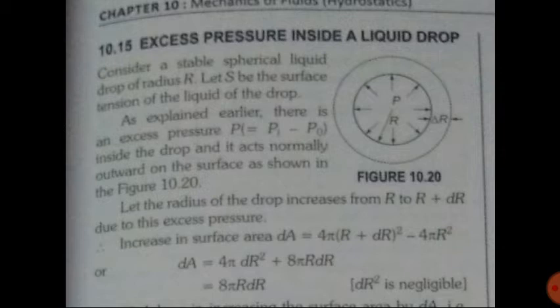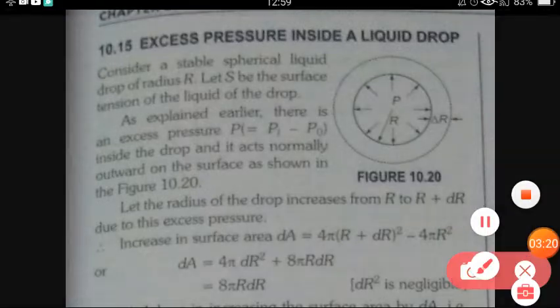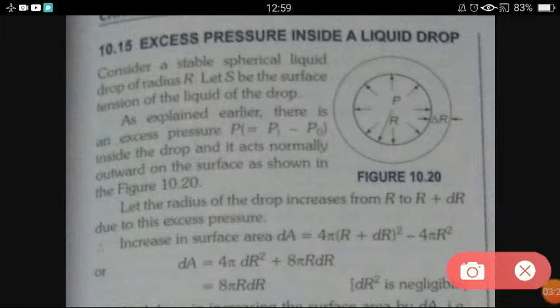Here is the center of a liquid drop, and the radius of the drop is capital R. The pressure inside the liquid drop is P with radius R. Now suppose because of the excess pressure inside the liquid, the radius has increased by del R, and now the total radius of the liquid drop is R plus del R. From the center, the new radius is R plus del R.